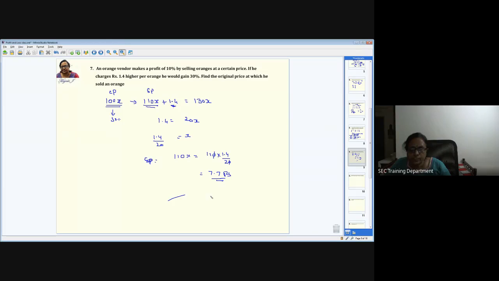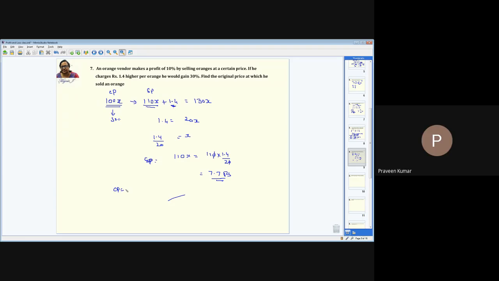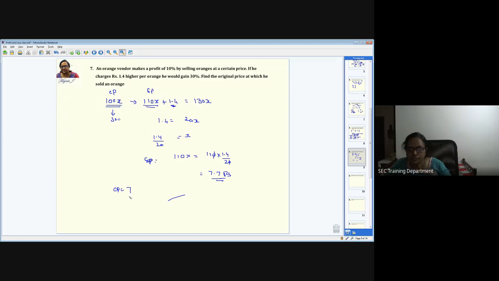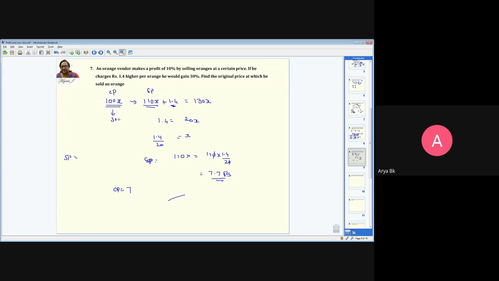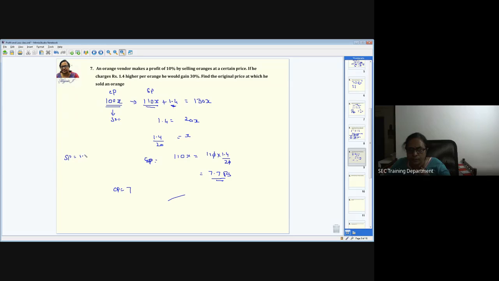What you do is recheck this by going back. If it is 7.7, what will be the cost price? Because of the 10% profit, selling price is equal to 1.1 times cost price, as per the first statement.